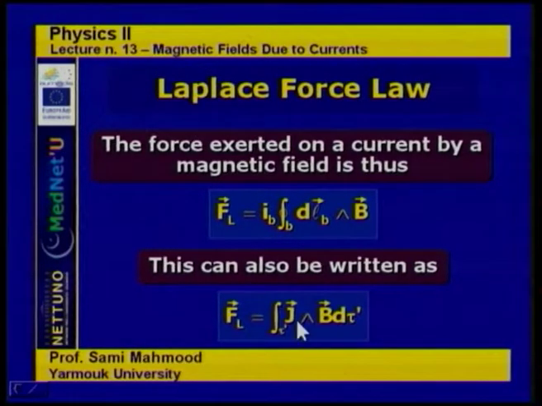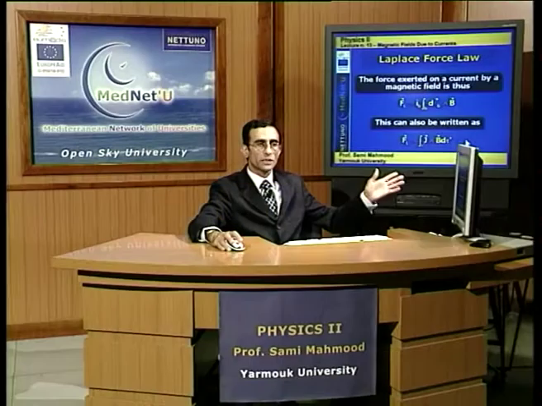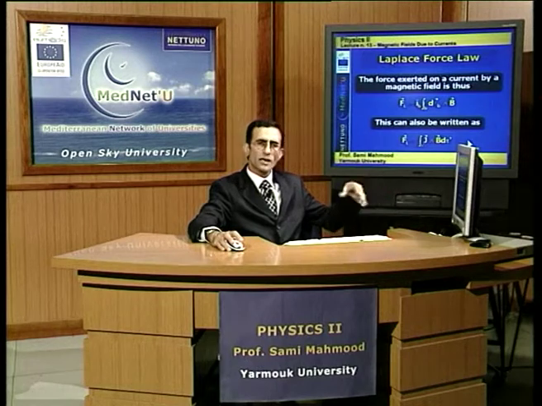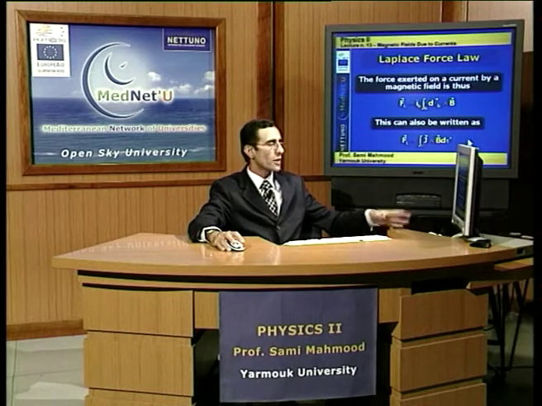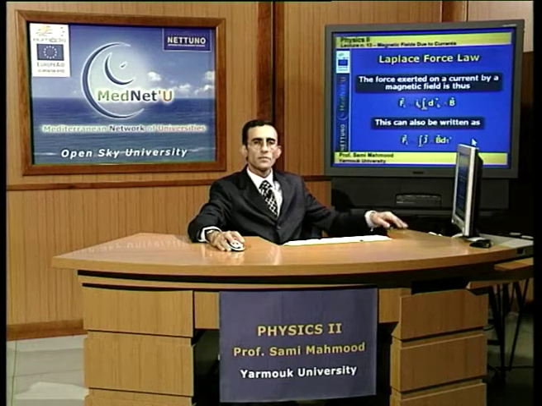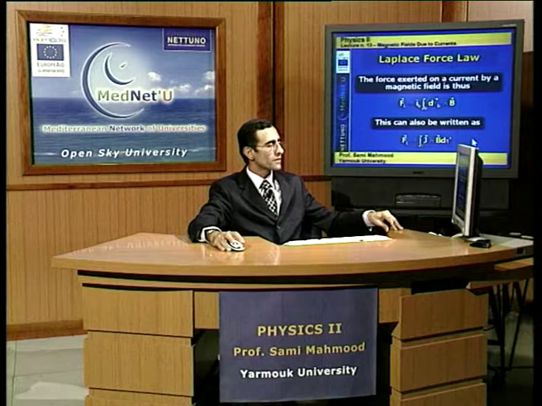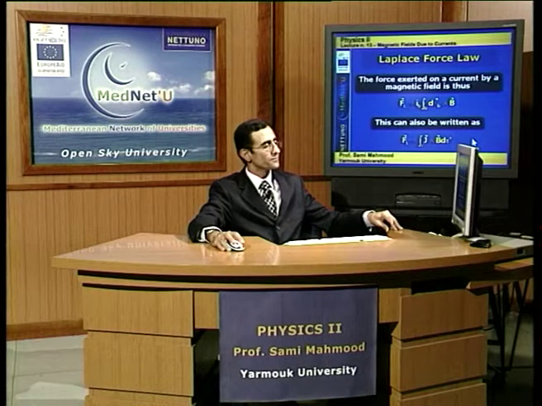So this will be rewritten as J, the current density, cross B times the element of volume carrying the current density J. If we integrate this quantity over the volume of the conductor, this will give us the total force acting on the conductor. This is just another formulation of how we calculate the force, the same as the previously mentioned force laws.